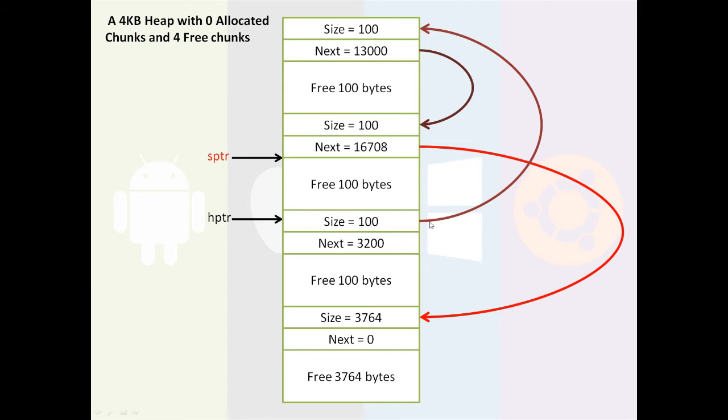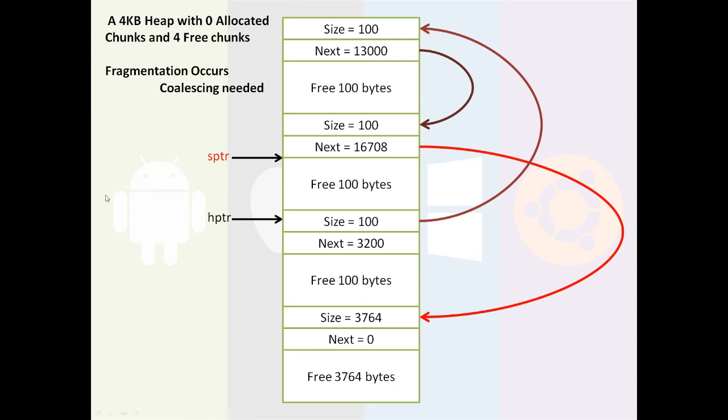This arrow, sorry, should be on the next, not on the size. This chunk points to another chunk that was freed second last, which then points to the chunk that we demonstrated in the previous example, which then points to the final chunk, which then points to 0, or nothing, or null. So that's what the process of freeing memory looks like on the heap.